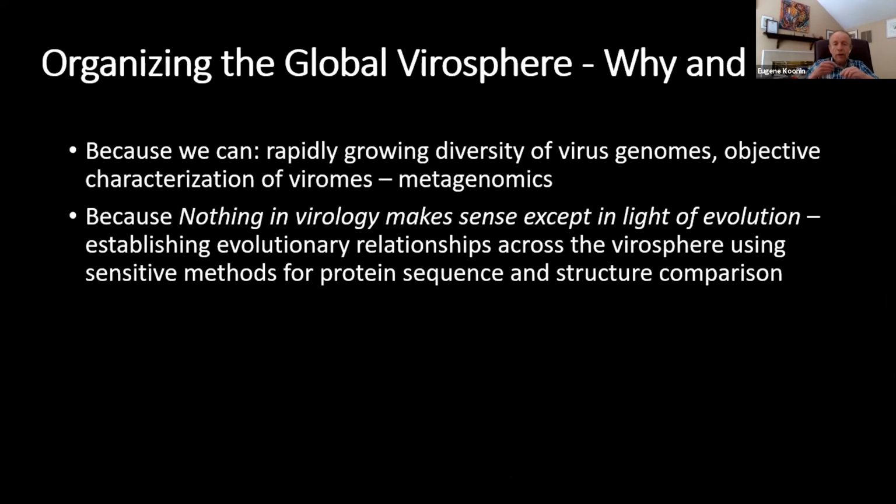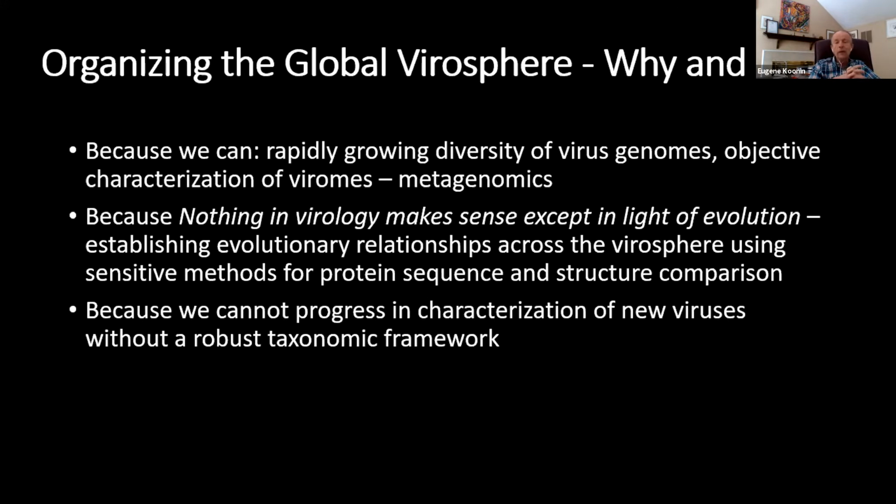Second of all, because nothing in virology, as in the other areas of biology, makes sense except in light of evolution. And now we have the opportunities to establish evolutionary relationships across the virosphere, as you will see from these talks, for the double benefit of the increasing diversity of the genome database and the sensitive, powerful methods for protein sequence and structure comparison.